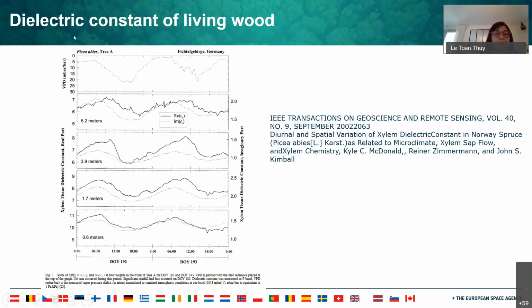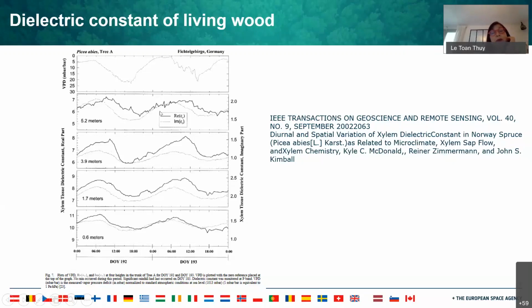Here is a 2-day measurement of the dielectric constant. At the bottom 0.6 meters in the trunk, 1.7 meters, 3.9 meters, 5.2 meters. You can see that the dielectric constant has a cycle, a daily cycle, and it changes from the top to the bottom.